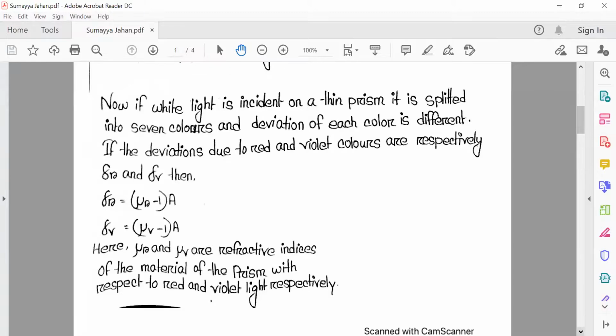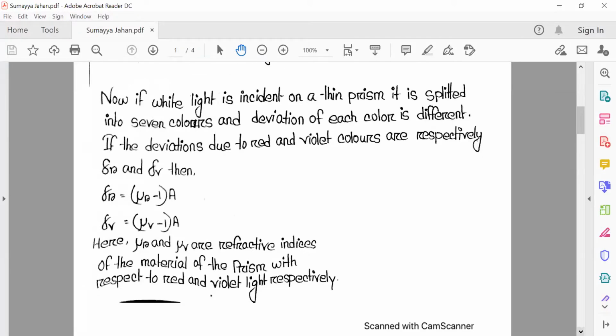If the deviations due to red and violet color are respectively delta R and delta V, then delta R equals mu R minus 1 into A and delta V equals mu V minus 1 into A. Here, mu R and mu V are respectively the refractive indices of the material of the prism with respect to red and violet color.